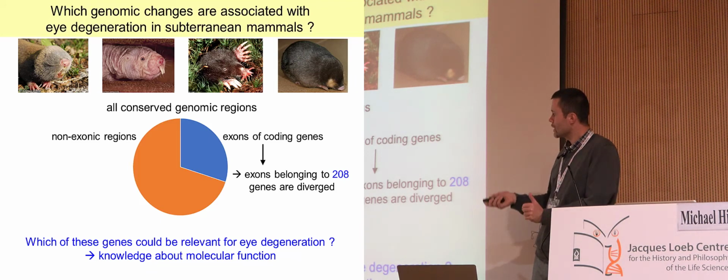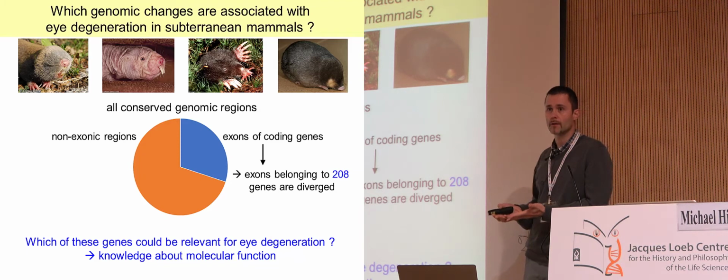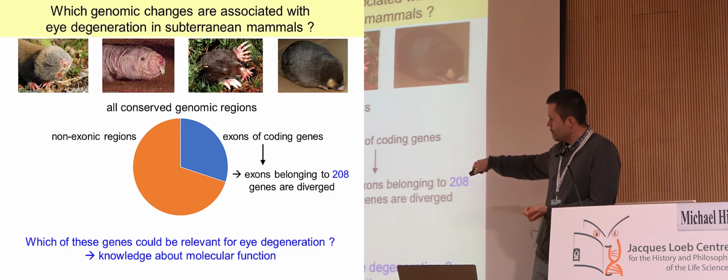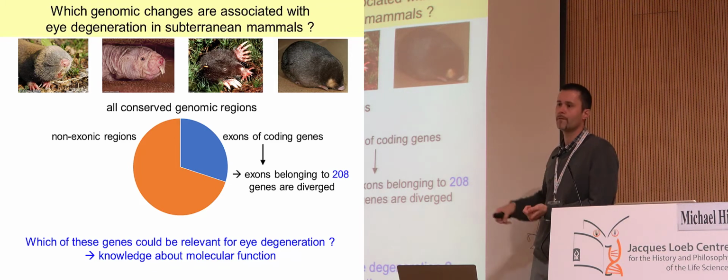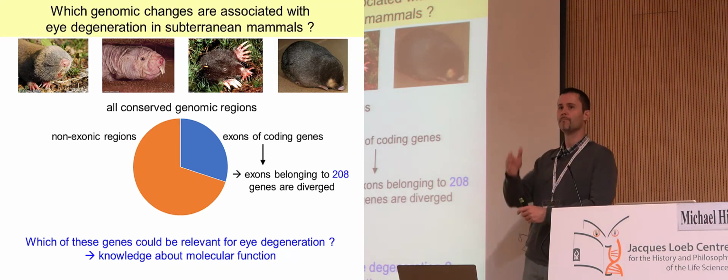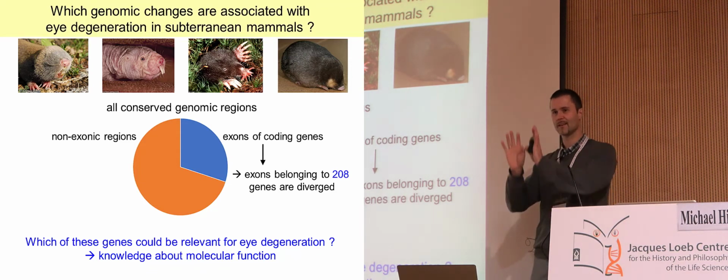So to figure out which of those 208 genes are relevant for eye degeneration, which was the motivation for this study, we can look at what is known about the molecular function of those genes. And I say on purpose molecular function, not evolutionary function.